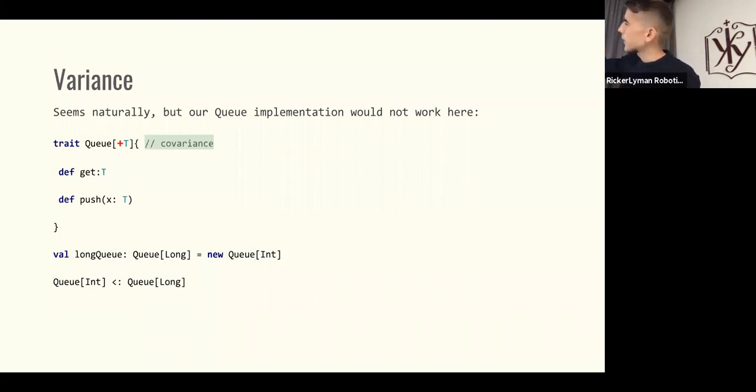In this case, we say that Q of T is covariant. What it means is that if there is another type R, let's say, and R is a subtype of T, then Q of R is a subtype of Q of T. All these things are called variance, and there can be covariance and contravariance as well.